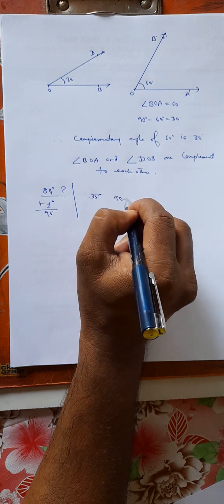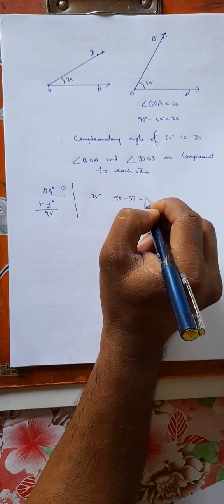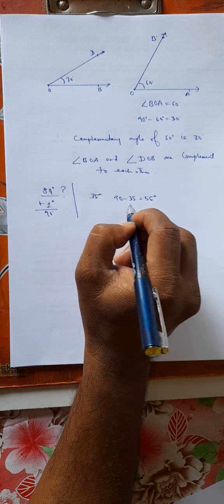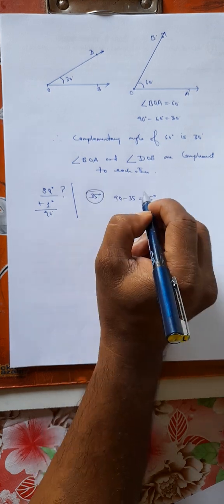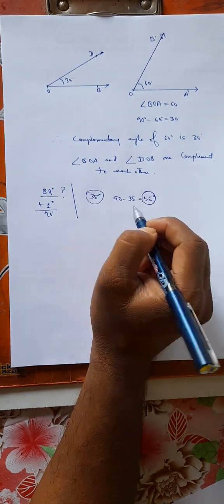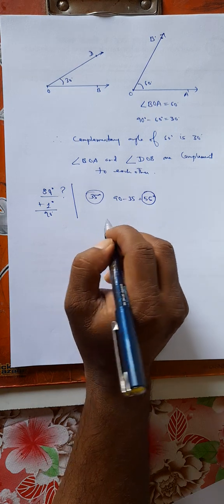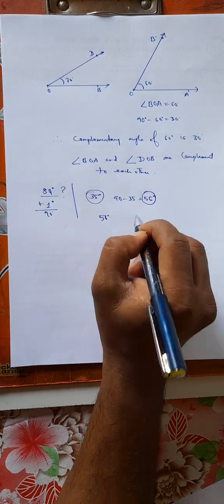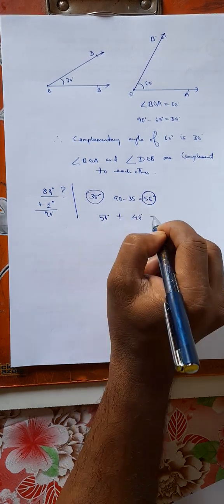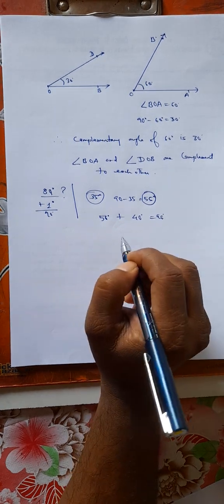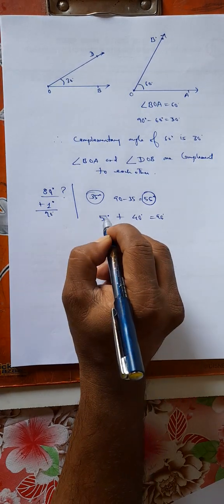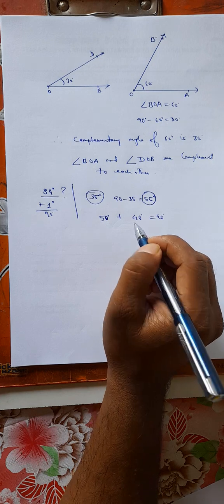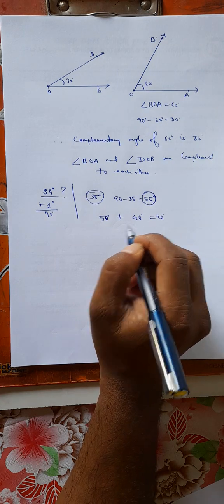You find 90 minus 35 equal to 55, right? 55-degree and 35-degree are complement to each other. So what is the complementary angle of 50-degree? 40-degree. 50 plus 40 equal to 90-degree. So complementary angle of 50-degree is 40-degree, or complementary angle of 40-degree is 50-degree.